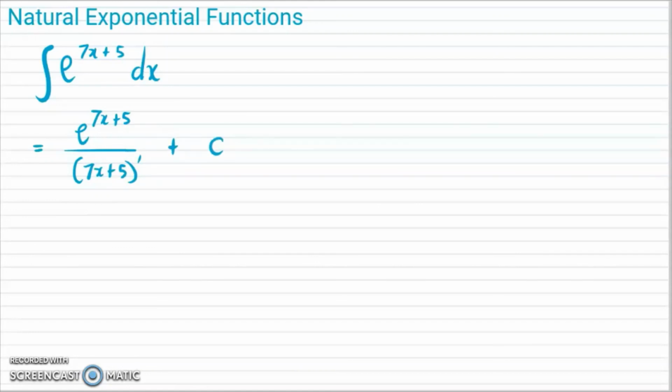And then let's simplify this. Apply the differentiation. So we have e raised to 7x plus 5. The derivative of 7x plus 5, it's just a 7. So that's it. That's our final answer. Or we can write this as 1/7 e raised to 7x plus 5 plus c.